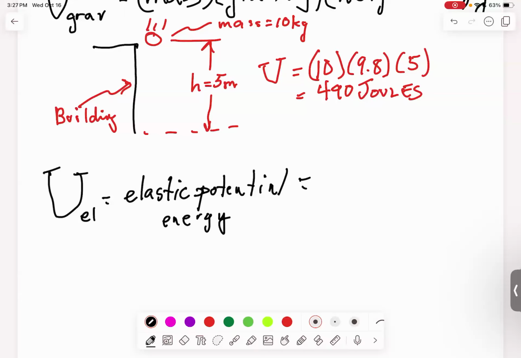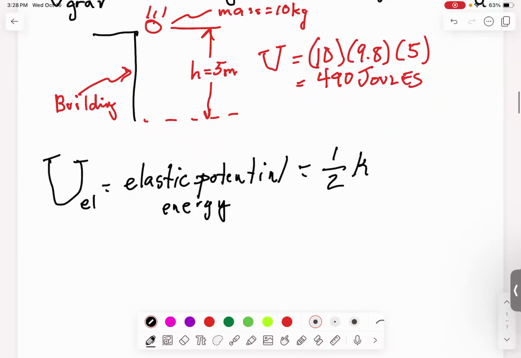And this is going to come by way of compressing a spring, and it's going to equal 1/2 the K value. We looked at that when we talked about Hooke's law. The units are, again, in joules.